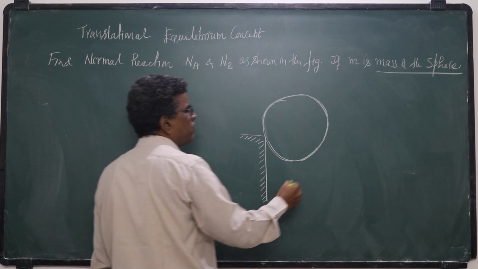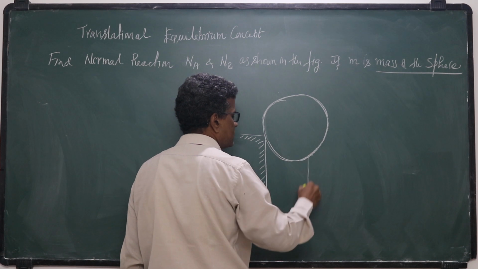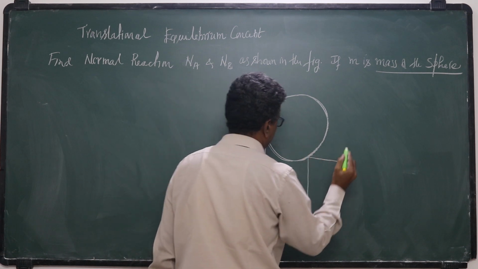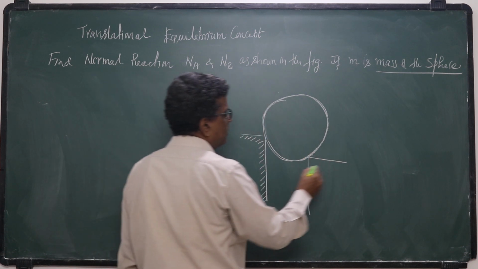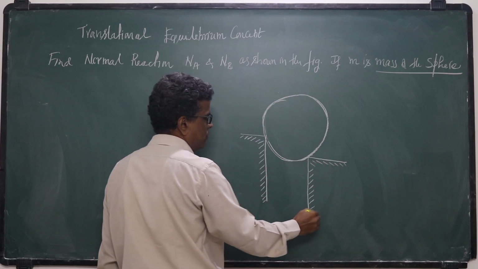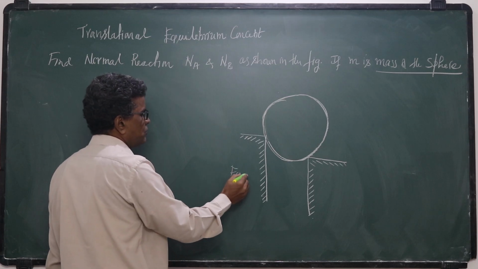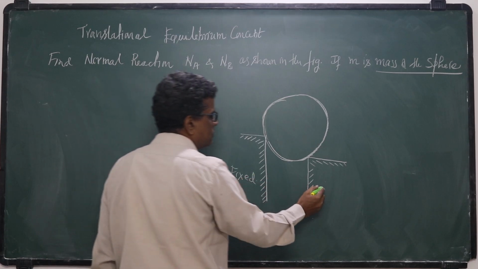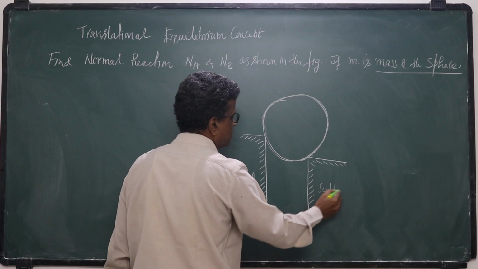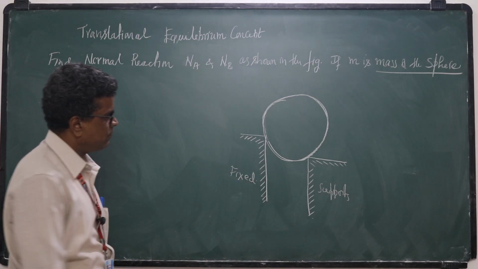This is one cliff and this is another one, like this. So these are the two supports, fixed supports. Two supports for this sphere.